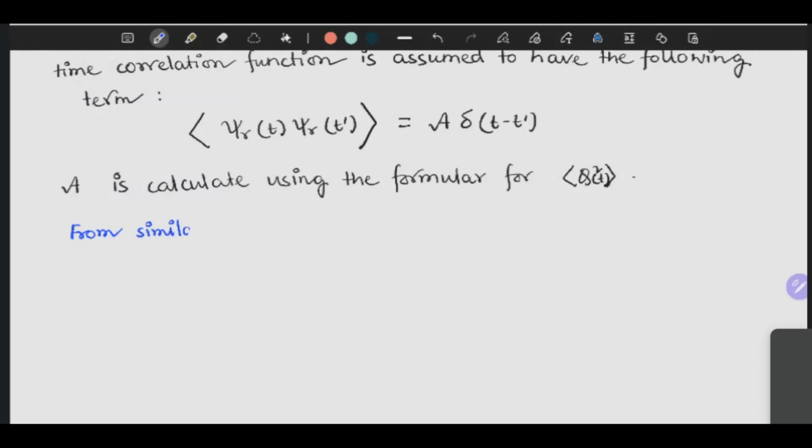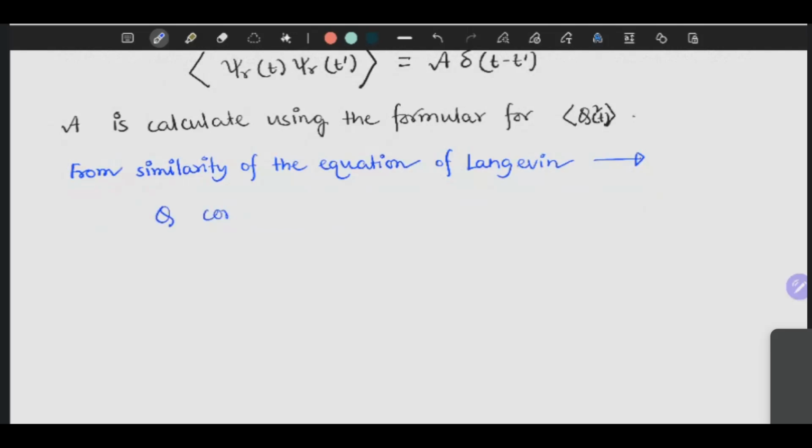Now from the similarity with the Langevin equation, we can say that Q corresponds to the position of the oscillator system.